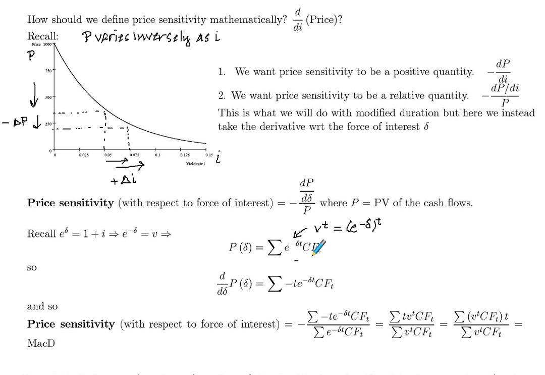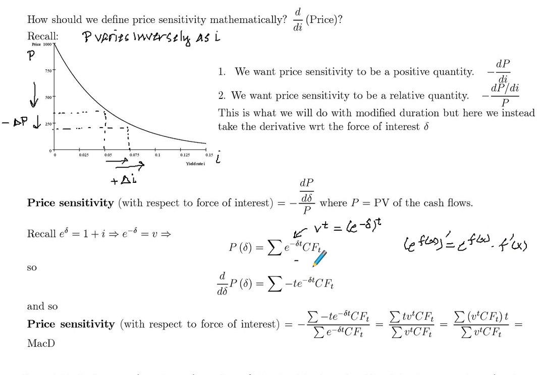So the cash flow at time t is a constant, and then this is e to a constant, negative t, times the variable delta. Remember, when you differentiate e to a function, you get back e to that function, times the derivative of the inside function, times f prime.